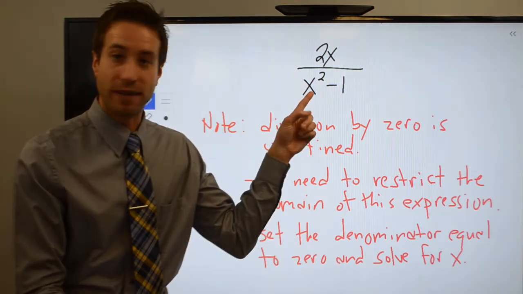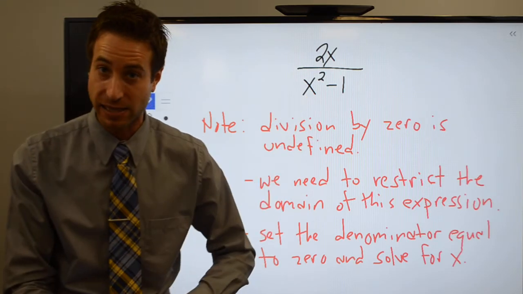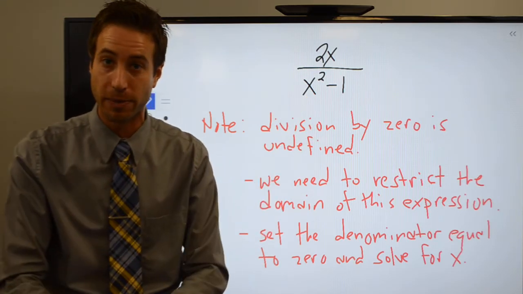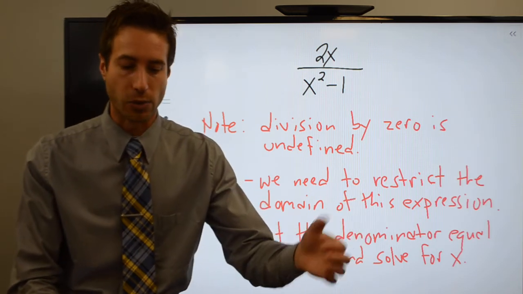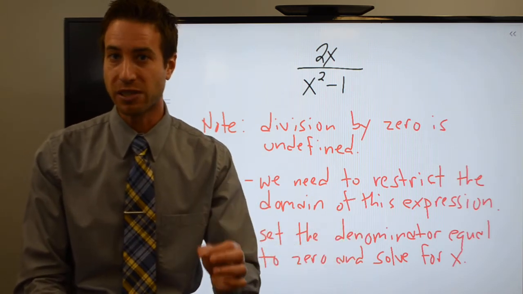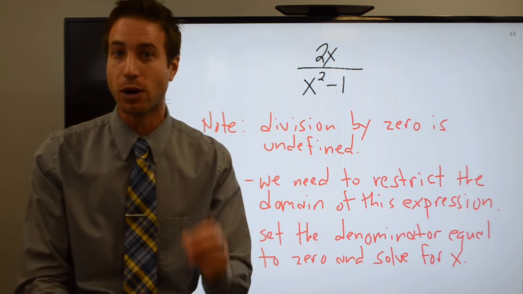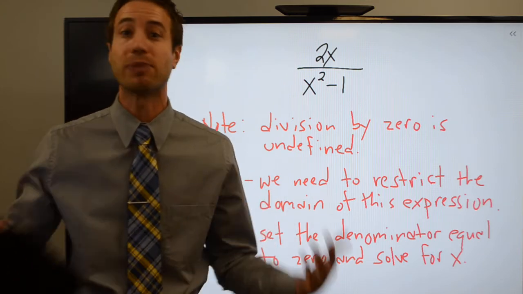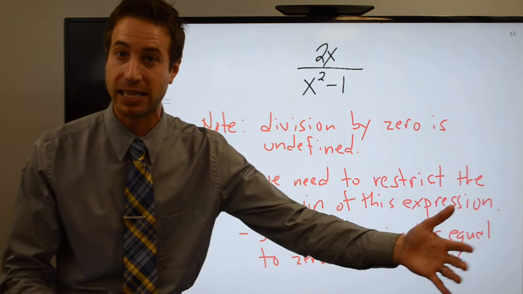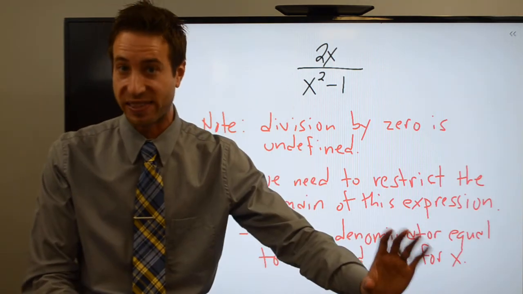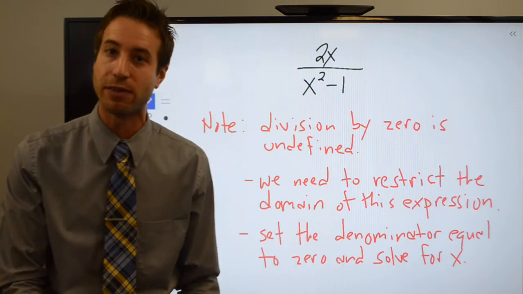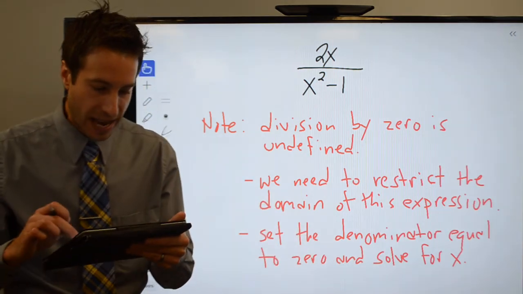If the denominator cannot be 0, I do not want the denominator to be 0. Here's how you do that. Set the denominator equal to 0. Find the values of x that give you 0 in the denominator, and then simply tell me x cannot be these values. You can pick anything you want except for these values of x because they give you 0, and let's take a look at how that works.